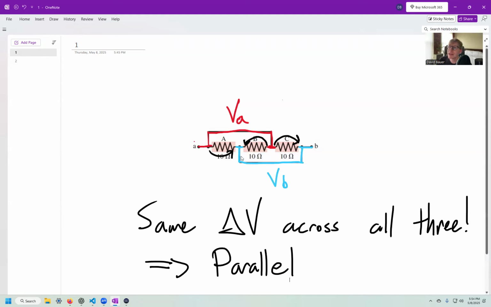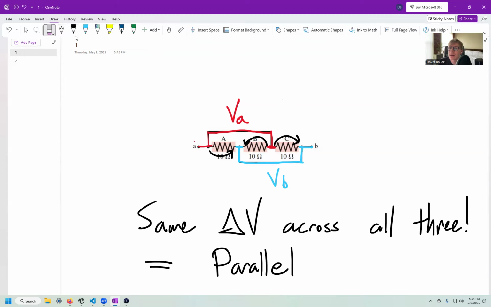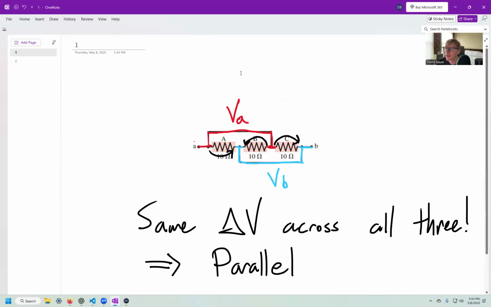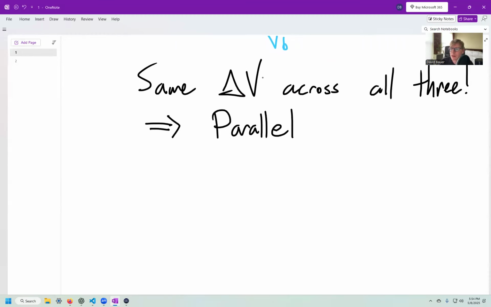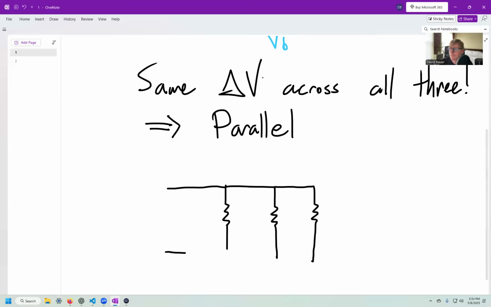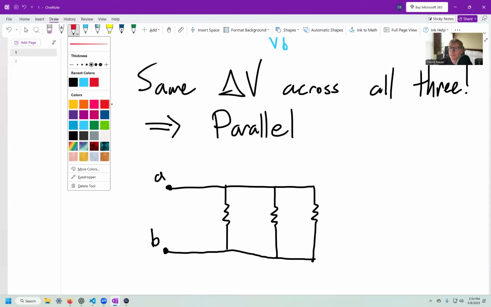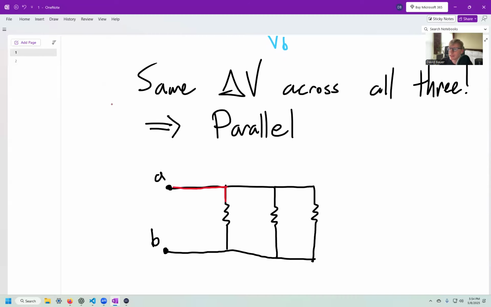So it's not obvious how to deal with this circuit, but because I know it's parallel, I can redraw it. And I can redraw it like this. Right, so this is exactly the same circuit.